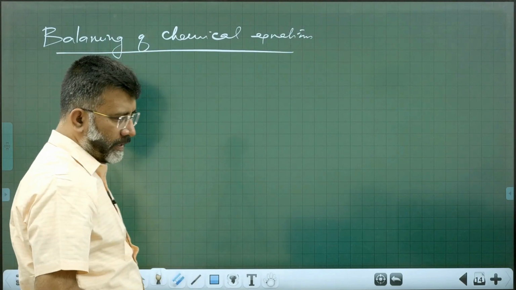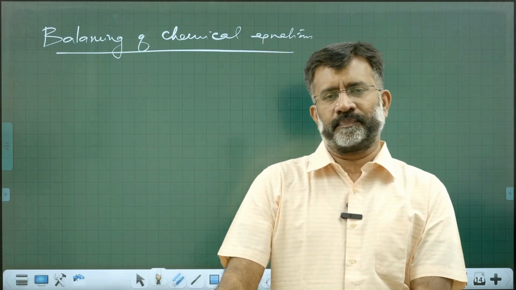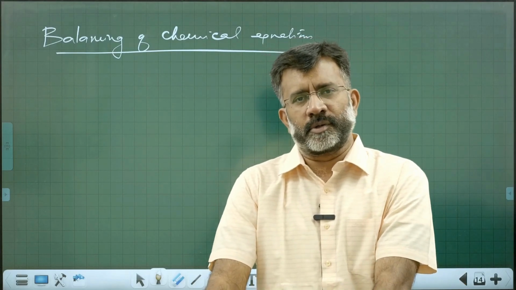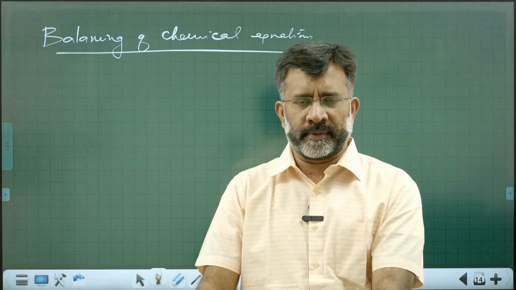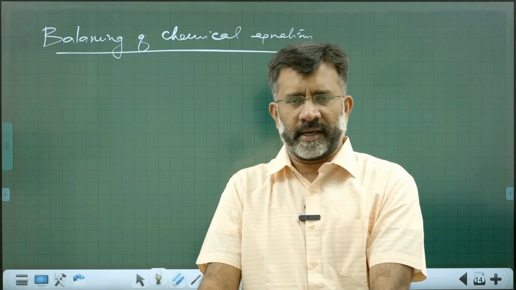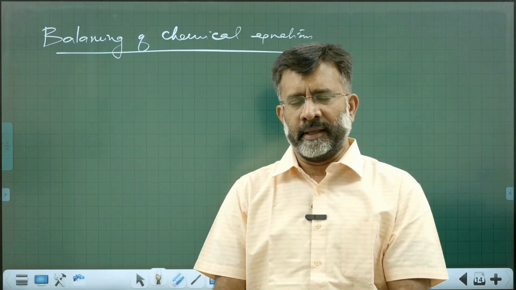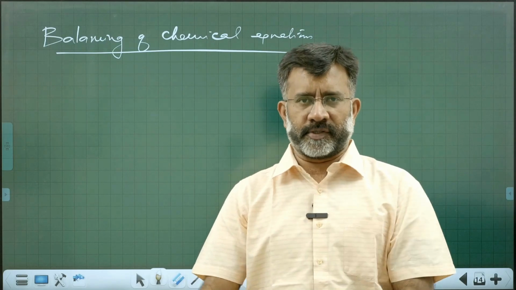That's an important topic from the chapter, right? They will give you a skeleton condition and ask you to balance the equation, right? There are several methods adopted, half reaction method, ion electron method. That doesn't matter. Ultimately, when a skeleton is given to you, you must be able to balance it.